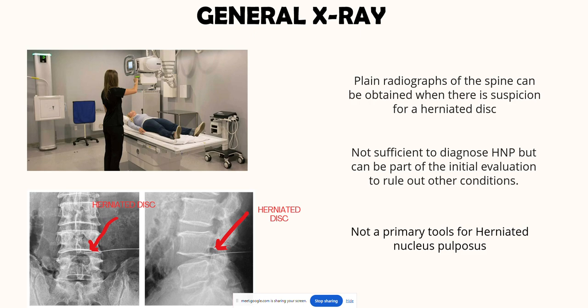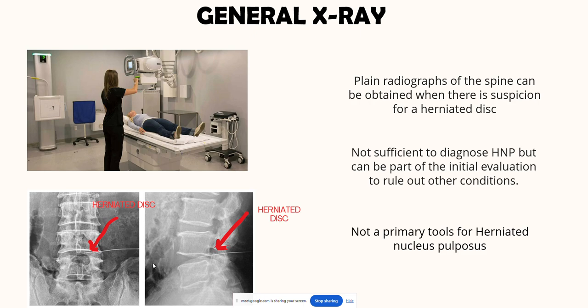X-ray cannot directly visualize soft tissue, such as intervertebral disc, spinal cords, and nerve roots. X-ray is not sufficient to diagnose HNP, but can be part of the initial evaluation to rule out other conditions.